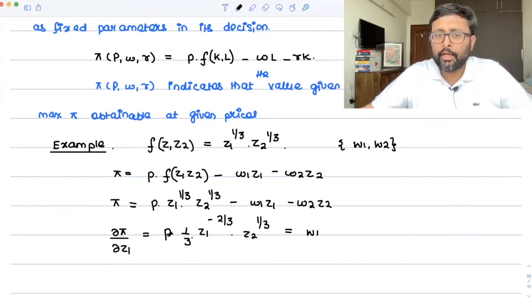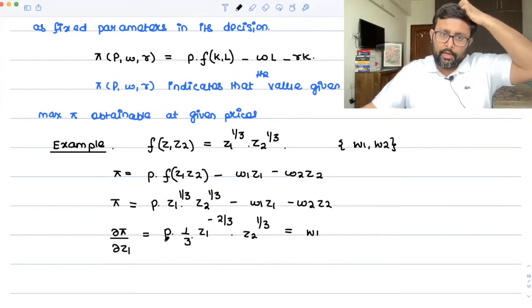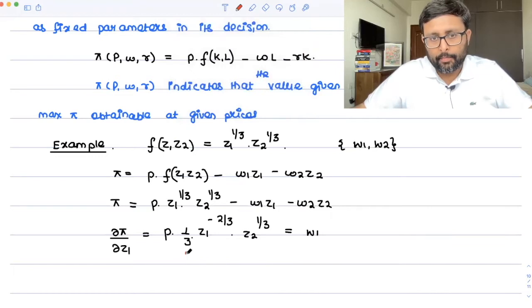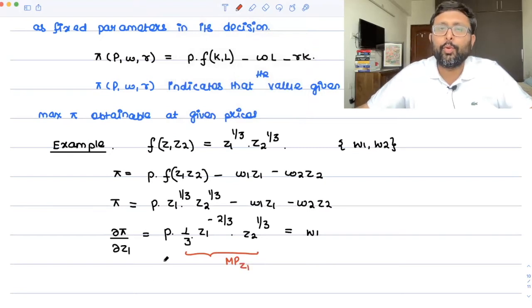Now, I don't know whether you can realize this or not, but this is nothing but the marginal productivity of input Z1, del Q by del Z1 or del F by del Z1.